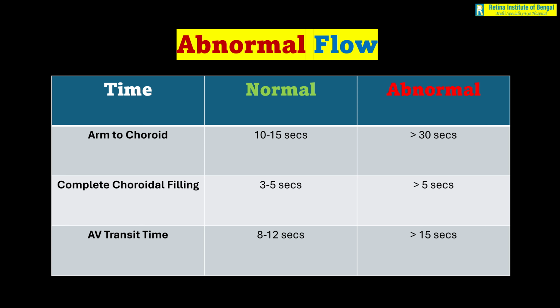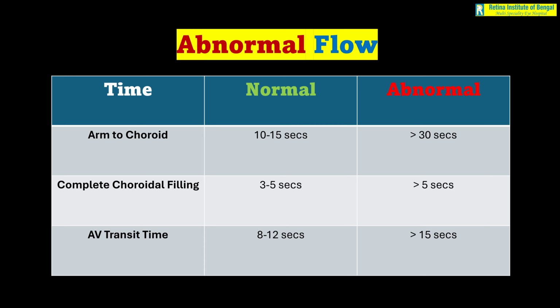For example, if you are seeing FFA images, you expect that from the time of injection, within 10 to 15 seconds, the choroidal phase should be over, or at least the blood dye should reach the choroid. But if the dye has not reached the choroid even after 30 seconds, that means it's delayed up to choroid time, and that is not normal.